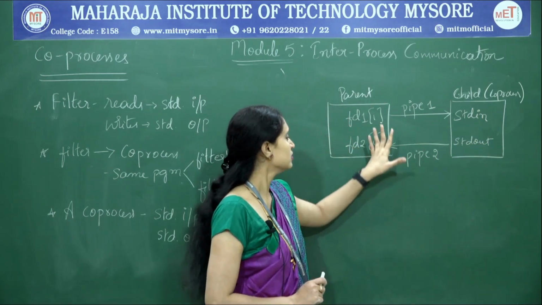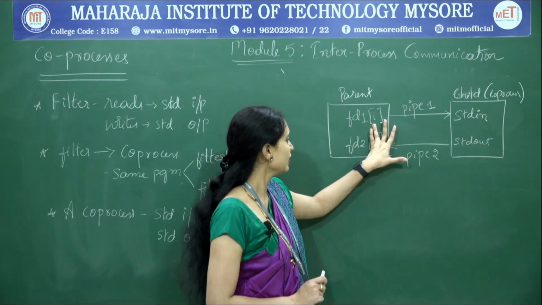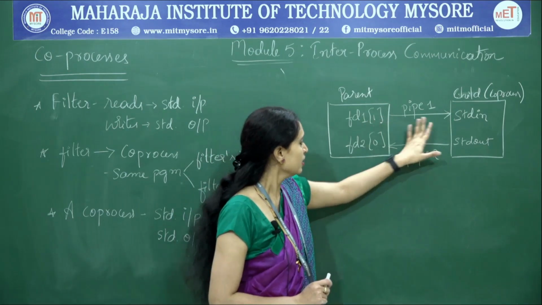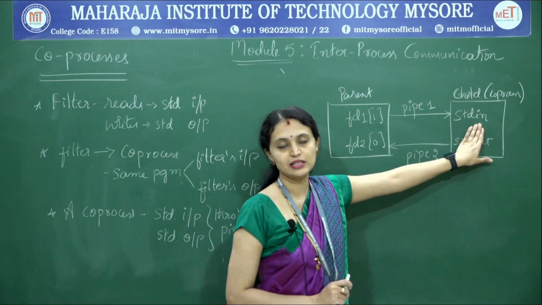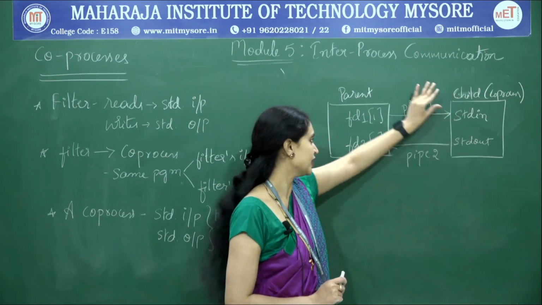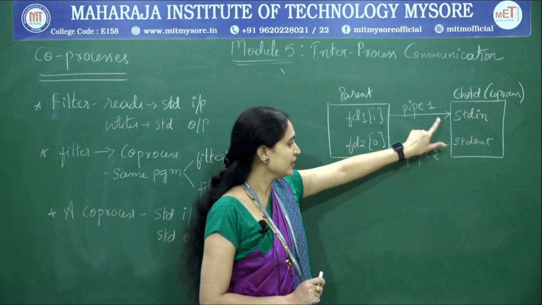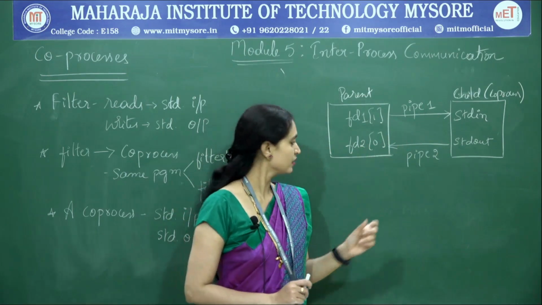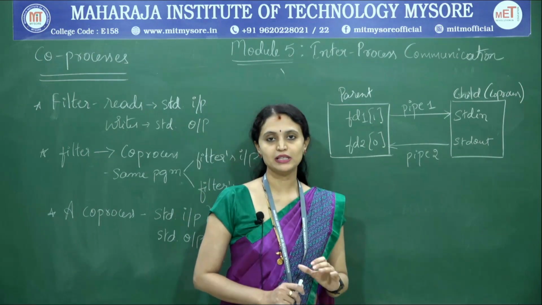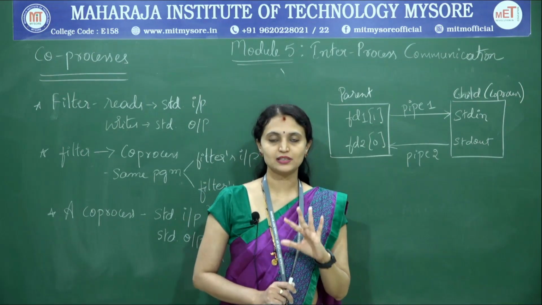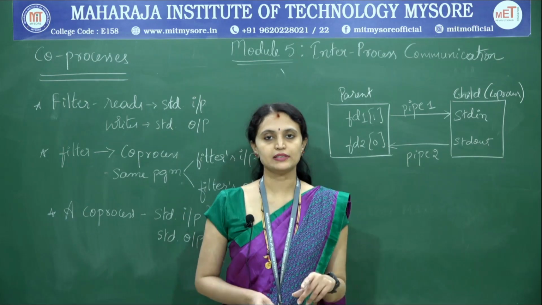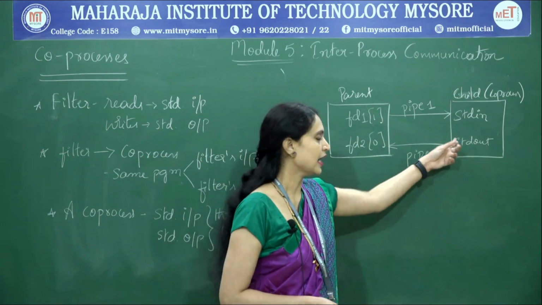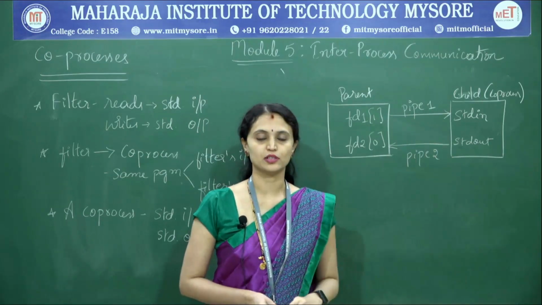As of now, the writing end, FD1 of the first process, will be connected to the stdin, that means the standard input, via pipe 1. Similarly, the standard output will be connected to FD2 of 0 using pipe 2, that means the second pipe. So the process creates two pipes: one is the standard input of the co-process and another is the standard output of the co-process.